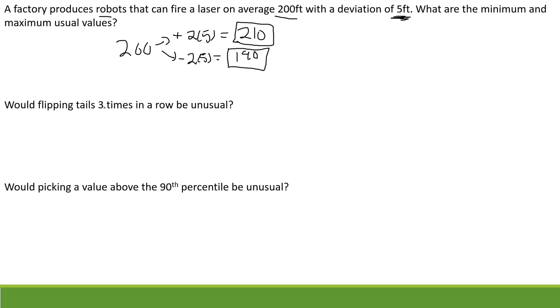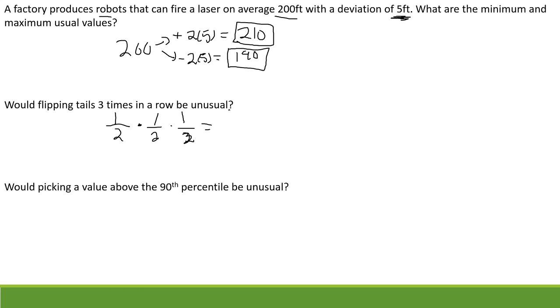Would flipping a coin 3 times in a row and getting tails be unusual? Now, again, we're not going to look up a z-score for this, but we can do it with probability. The probability of getting tails 3 times in a row: the first time is a half, times the second time's also a half, times the third time's also a half.